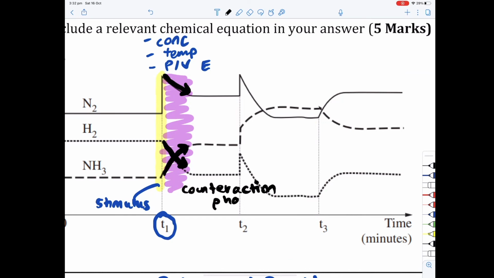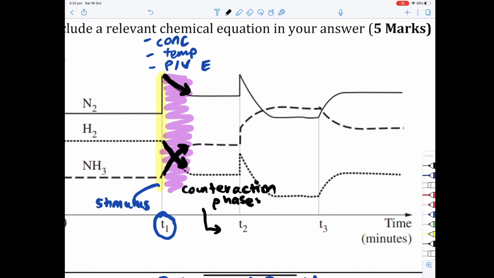Now, one of these phases is obeying Le Chatelier's principle. Can anyone tell me which phase is operating in accordance to Le Chatelier's principle? The counteraction phase. Good. So it obeys, or operates, or you can say it can be explained by Le Chatelier's principle.